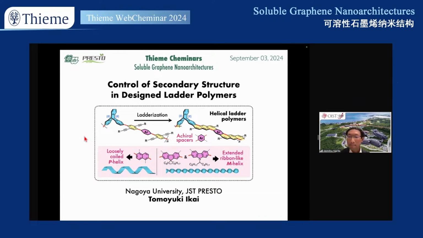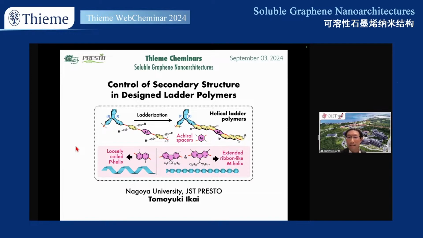His research is interested in the design and synthesis of chiral functional molecules, polymers, and supramolecules with unique structures, and especially ladder polymers, representing graphene nano architectures in this web Cheminar.